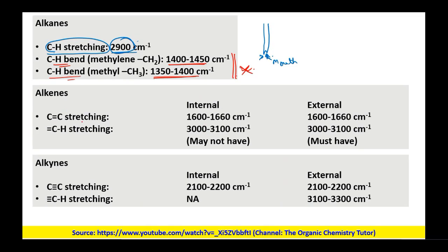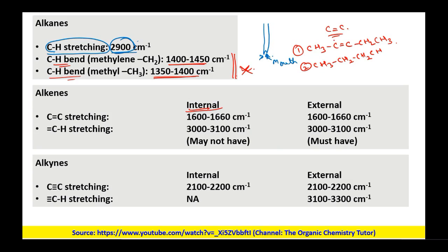Now coming to the alkenes, as we know, alkenes have a double bond. This double bond may be an internal double bond, or it may be an external double bond. Let's say we are having the first chemical like this. The second one is this.